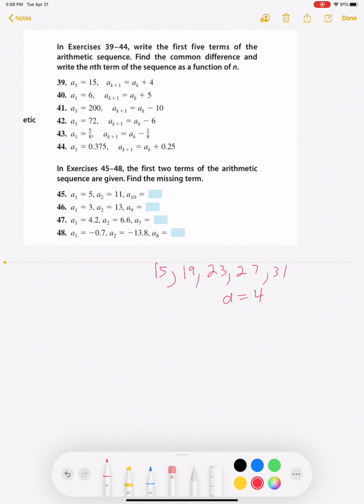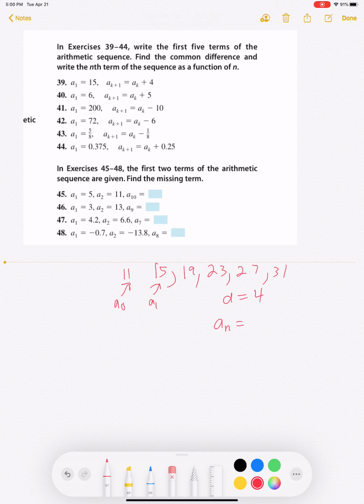All right, and then they ask us to write the nth term. So what's the nth term? So we're going to say a sub n equals. Now this is a sub 1. If you were to go backwards 1, you would have a sub 0, if you will, which would be 11, right?